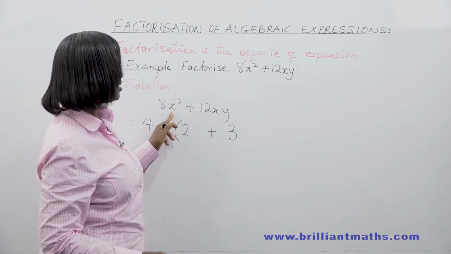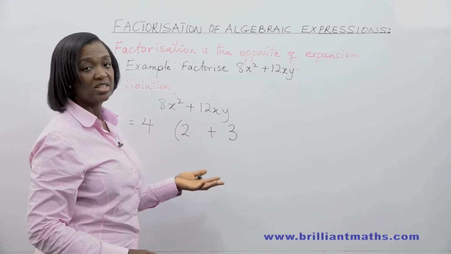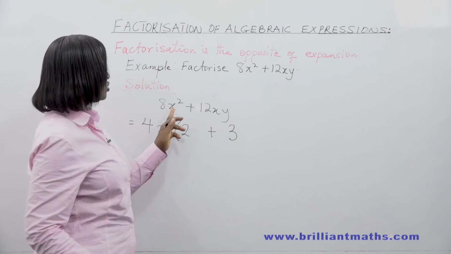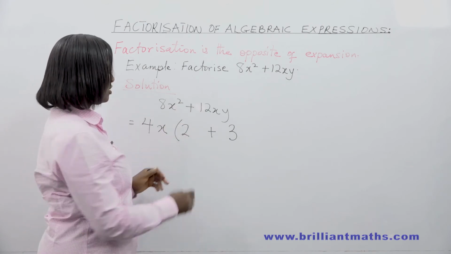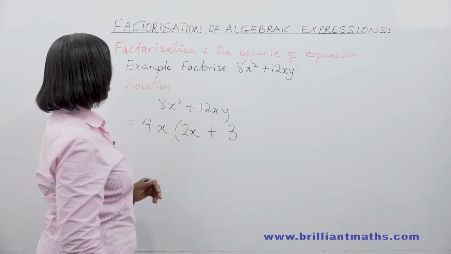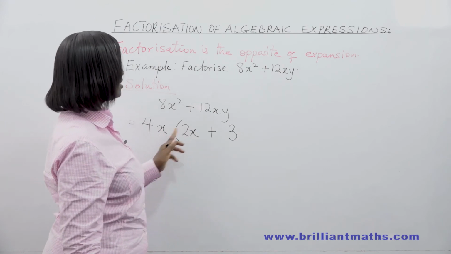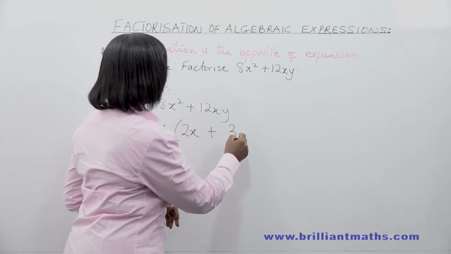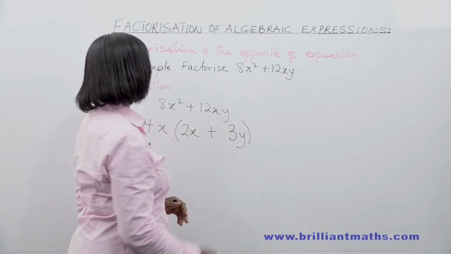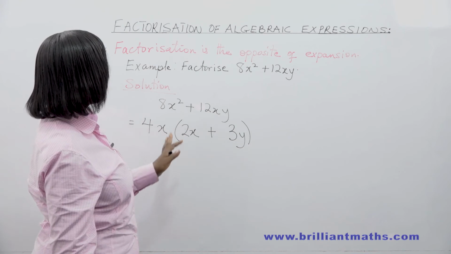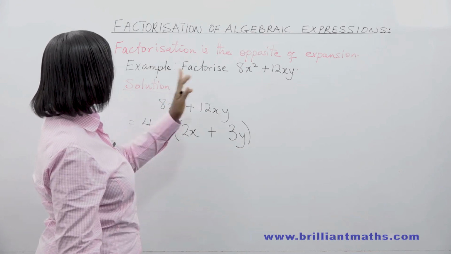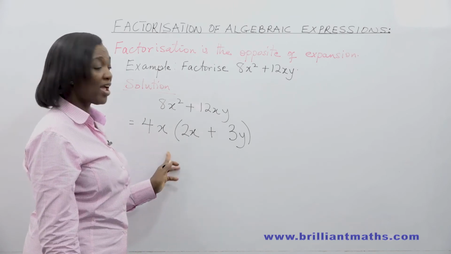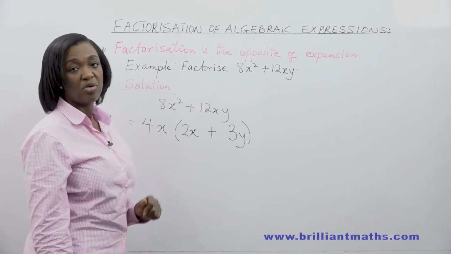X squared and x, so x is a common term. So we factorize x. So x squared divided by x, we have an x. X divided by x, they cancel out, and then we have 3y left. So if you factorize 8x squared plus 12xy, your answer is 4x into 2x plus 3y.